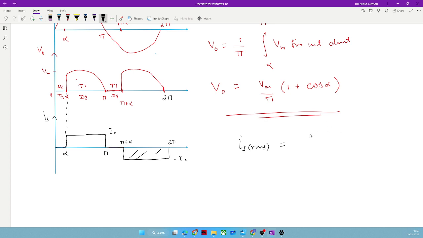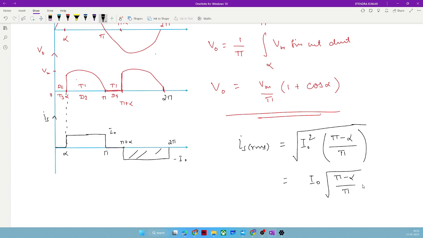So it will be periodic with pi. We can write it as the square root of I naught square into the conduction period, pi minus alpha, divided by the total time period. If you solve it, you will get I naught times the square root of pi minus alpha by pi.